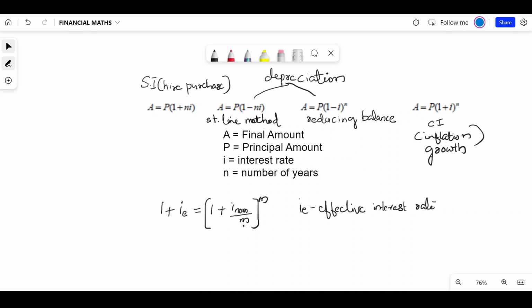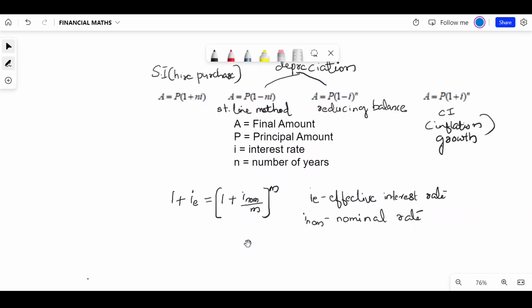Here for nominal, if m is 12, it will be a monthly rate. If m is 4, it's going to be a quarterly rate. So i nominal represents any nominal rate. That is also an important formula you learned in grade 11.